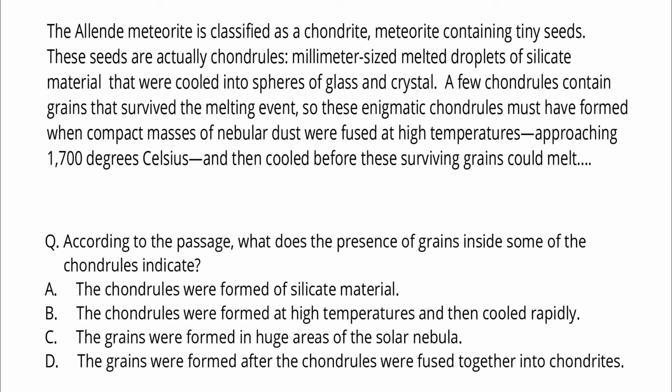D is false, since the grains were formed before the chondrules, as the following passage indicates. A few chondrules contain grains that survived the melting event, so these enigmatic chondrules must have formed when compact masses of nebular dust were fused at high temperatures, and then cooled before these surviving grains could melt. Answer B.